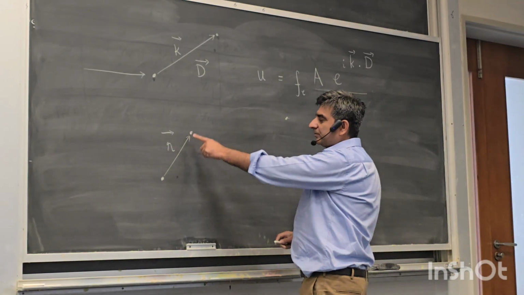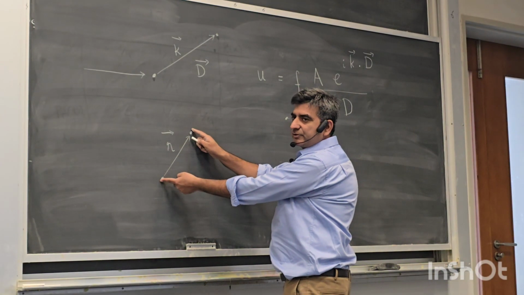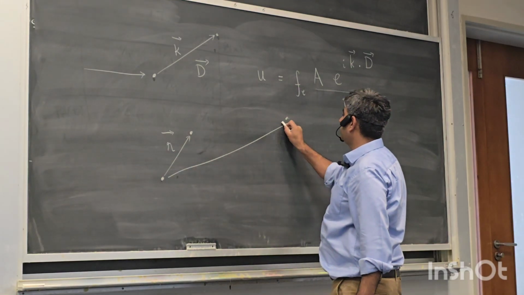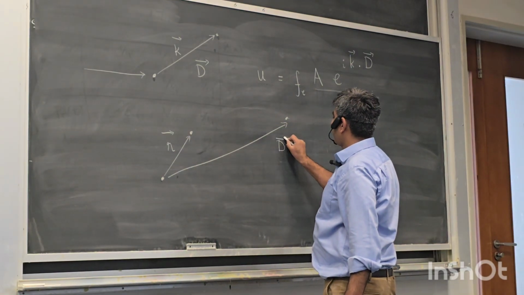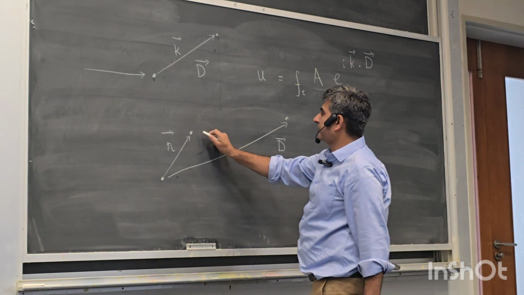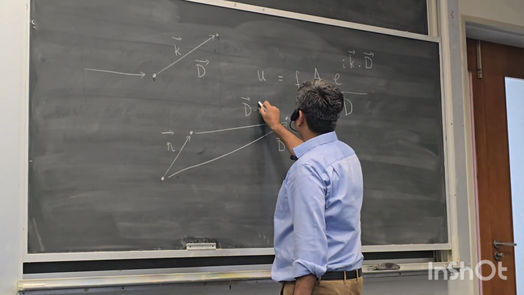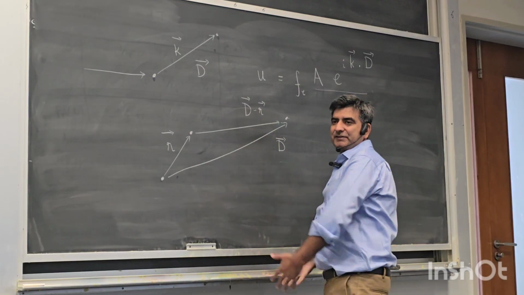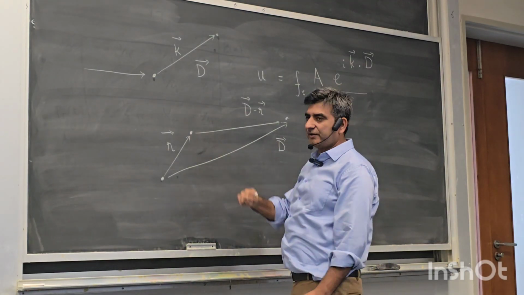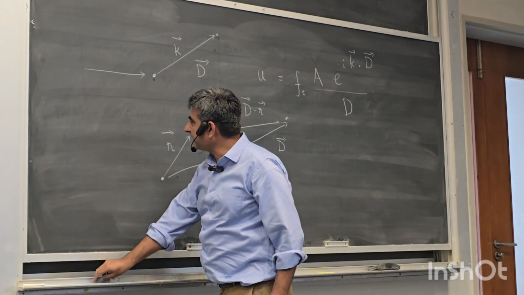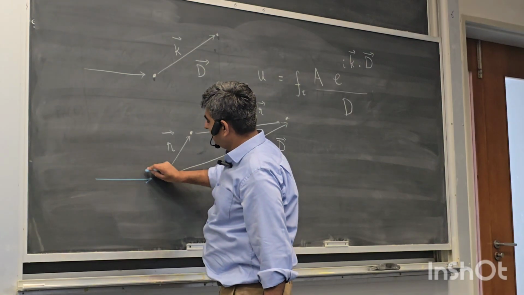These electrons are very small, so this inter-electron distance is much smaller than d. This vector of course will be d minus r, and d minus r will roughly be the same as d, because r is small, and in the same manner you have X-rays coming in.